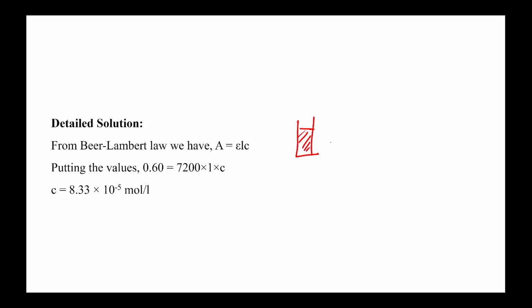In a spectrophotometer, there is a light source and the light passes through the sample and comes out from the other direction, and here we have the detector that detects and notes the absorbance value. Absorbance is basically how much light is absorbed by this sample.